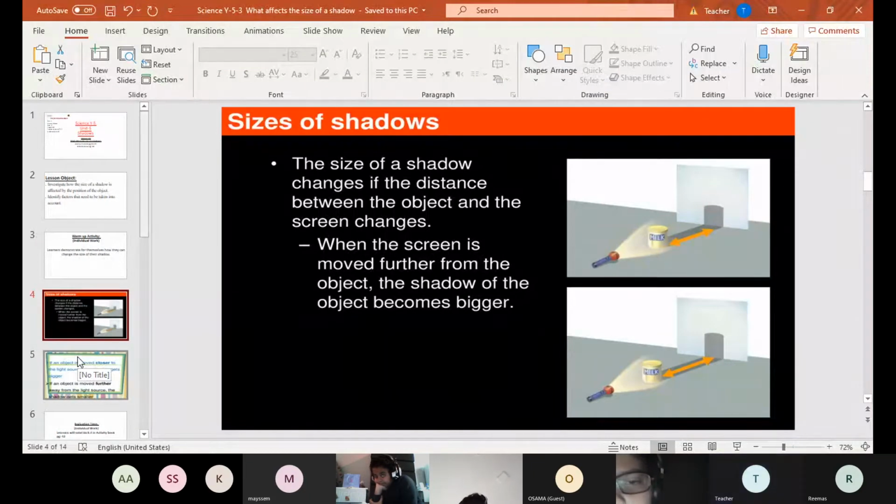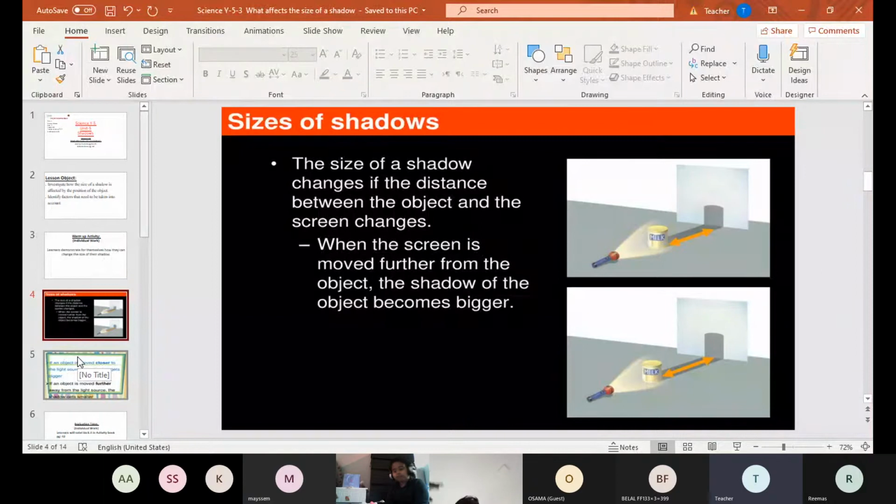Okay. We are talking about the distance, my dear, now. The distance between the light source and the screen is a factor. Because I told you, one point is that you can be close to the light source or away from the light source.